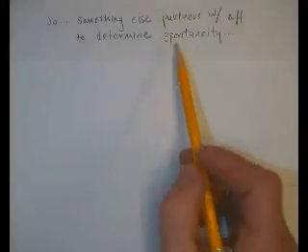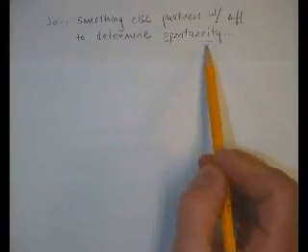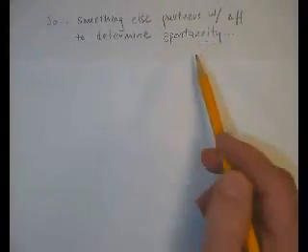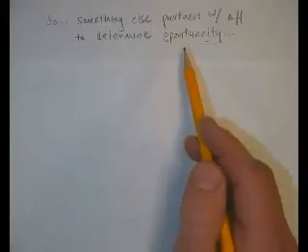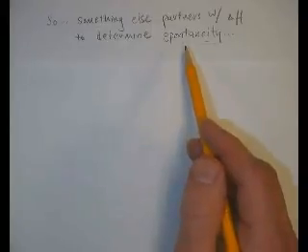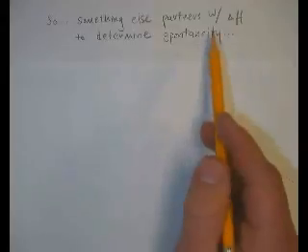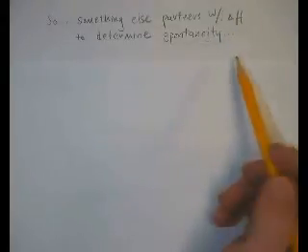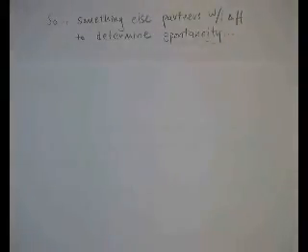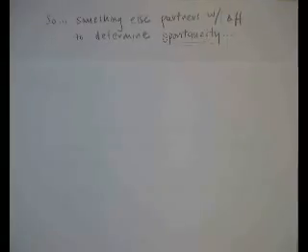Remember what spontaneity means, and I'm going to use that word tons and tons of times during this chapter. It means it will occur by itself without outside intervention. It's a process that just naturally happens. Something else must partner with delta H, and in this chapter we'll look at those something else's along with enthalpy.